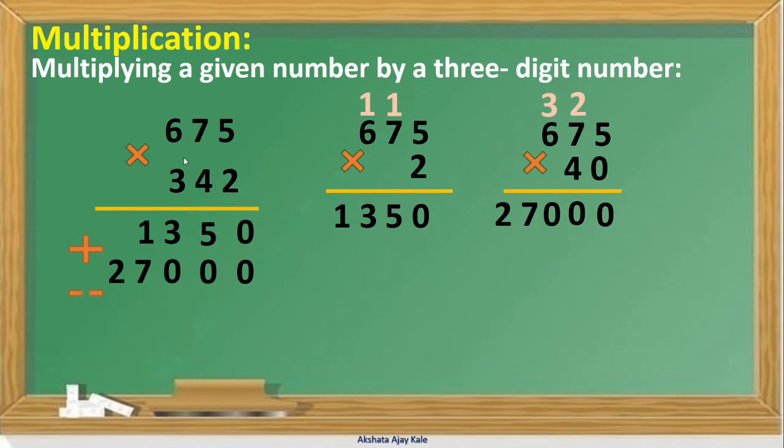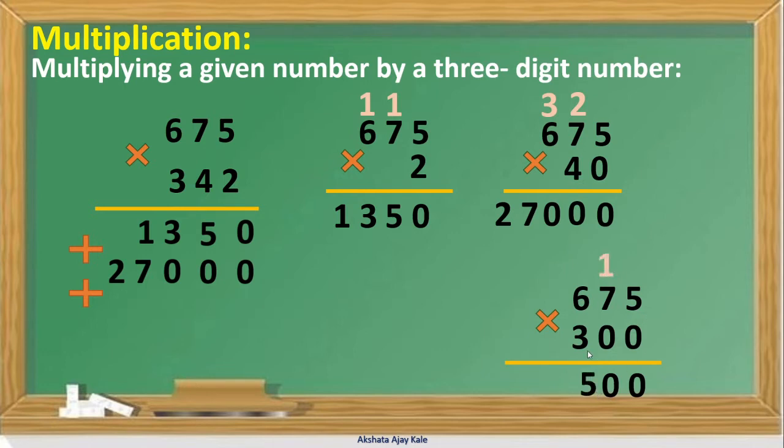Now we are going to multiply 675 by 300, because 3 is in the hundreds place, isn't it? Now at the start we will give 2 zeros, because we are going to multiply by the hundreds place. Now 3 5s are 15, 5 here, 1 is carried over.